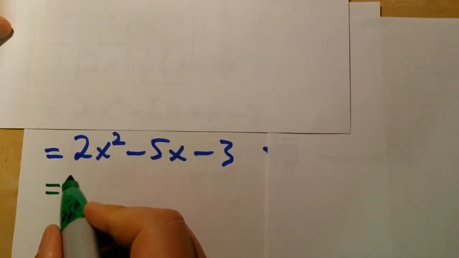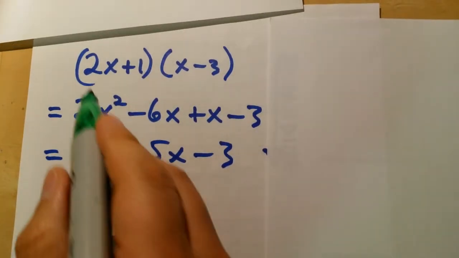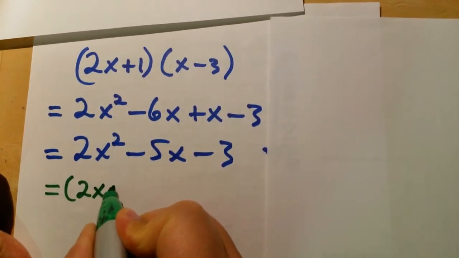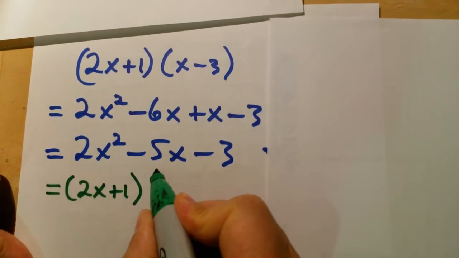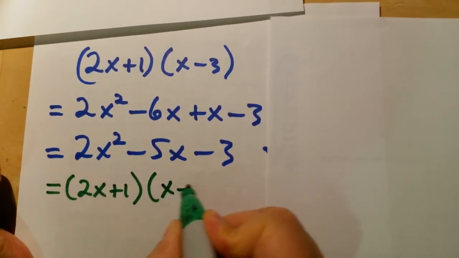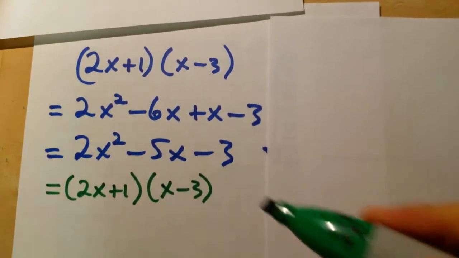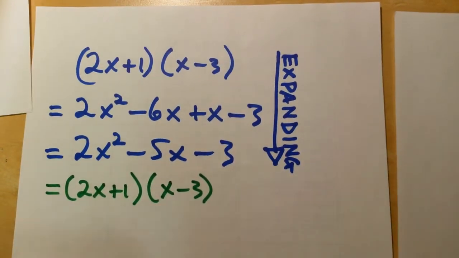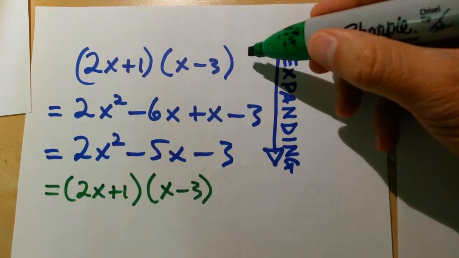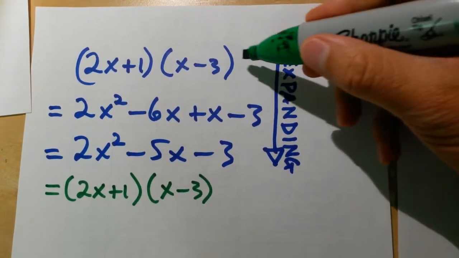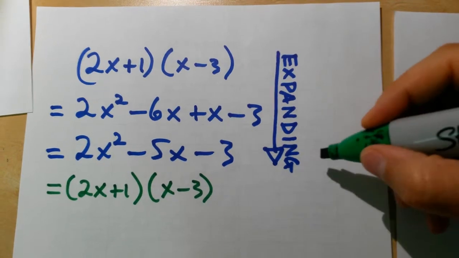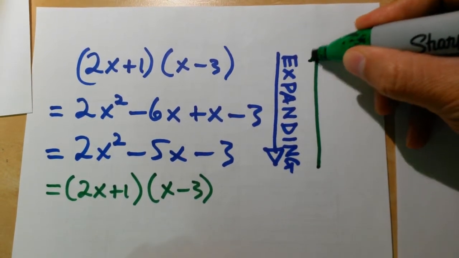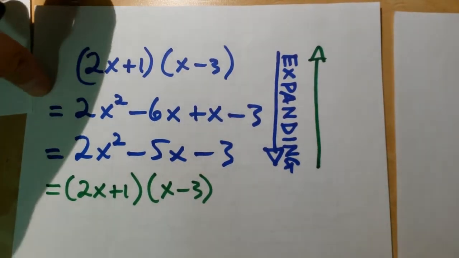And of course our answer will be whatever we had at the beginning, 2x plus 1 times x minus 3. So in other words, factoring is the opposite of expansion. Expanding is when we multiply the binomials here and we end up with this result. Factoring would be going backwards from the result back to the question.